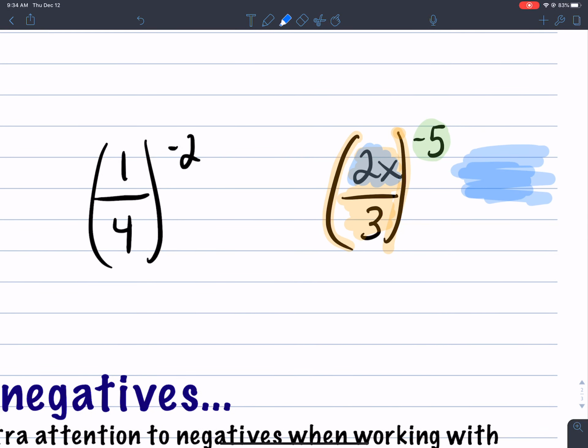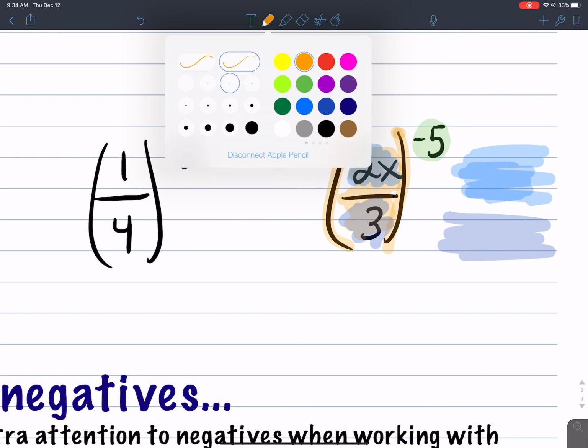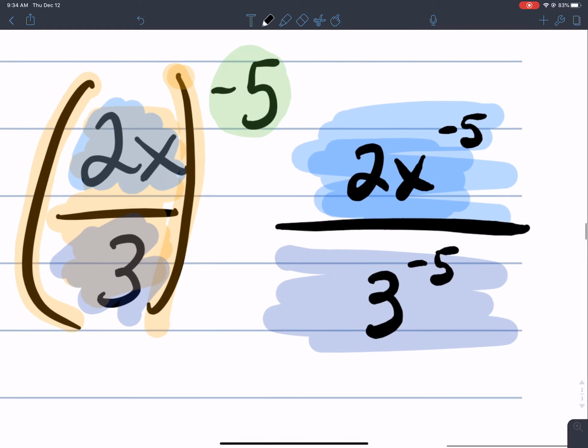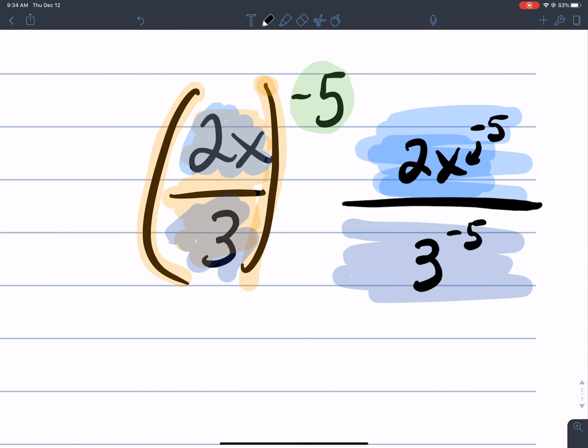The numerator gets that power, and then the denominator, which is just 3, that also gets the power. So the denominator, 3 to the negative 5th, that's very clear to us. But if I just write this, 2x to the negative 5th, that is wrong, because that would make it look like only the x is getting the exponent, but that's not true, right?